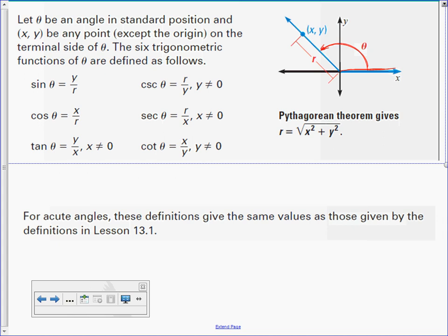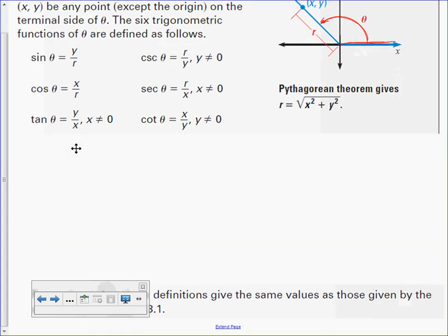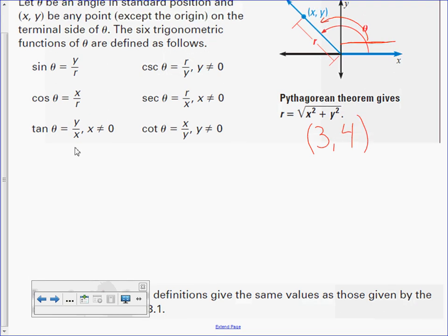So in our example, where I had 3 and 4, well, I'll use the kind of the same picture here. Let's say it's negative 3 and 4. Are we okay with that? That ordered pair was up here.